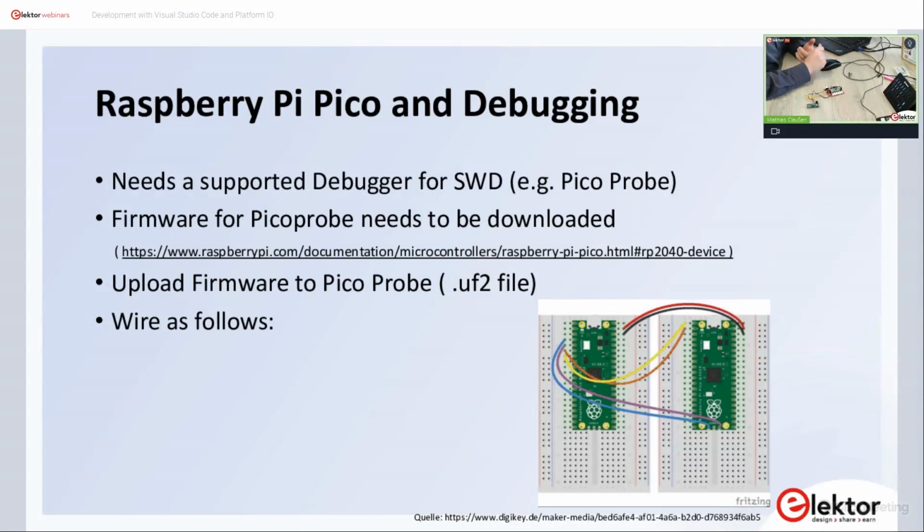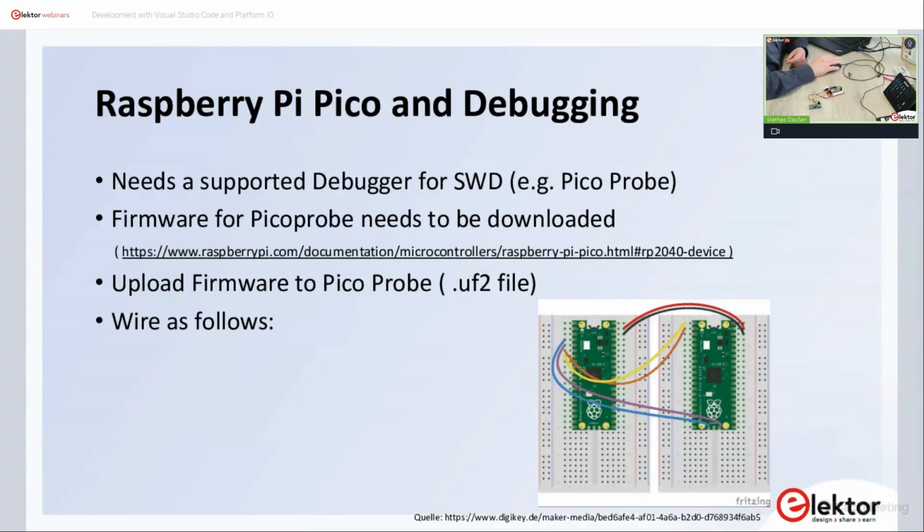You know, so you need to have a supported debugger, and the Raspberry Pi Pico is the cheapest one you can have. You can get the firmware on the Raspberry Pi site if you know where to look. So follow the link. Just upload the UF2 file, wire as follows.